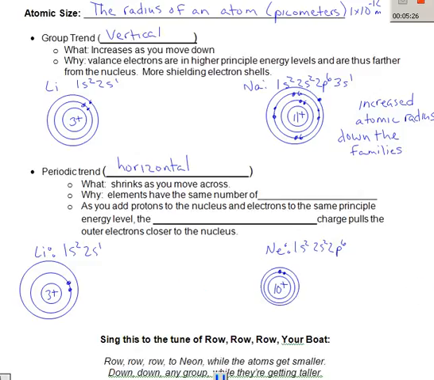Again, what you see is that the second principal energy level is much farther away for lithium than it is for neon. Because in the case of neon, the 8 valence electrons are feeling the pull of 10 protons in the nucleus, and there's only the protection of the 2 electrons. So these elements have the same number of energy levels and shielding electrons.